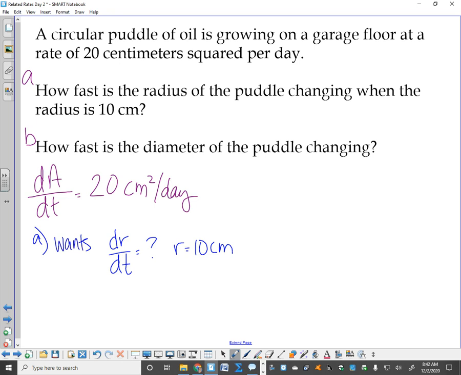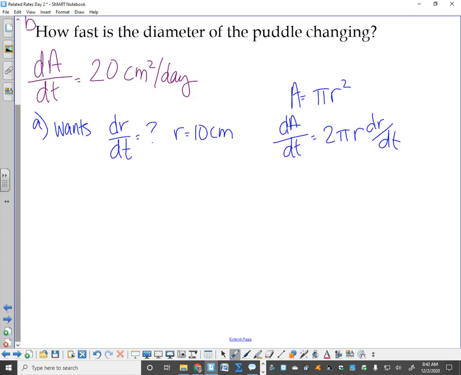I was given dA/dt, so let's use a formula that uses area. Well, this is a circle, and area equals pi r squared. So tell you what, pause me and go try this problem, and then hit play and check your work. So dA/dt equals 2 pi r dr/dt, and dA/dt is 20, r is 10.